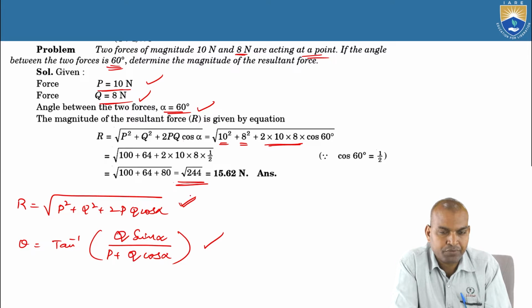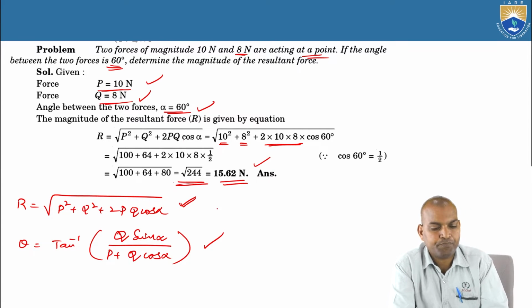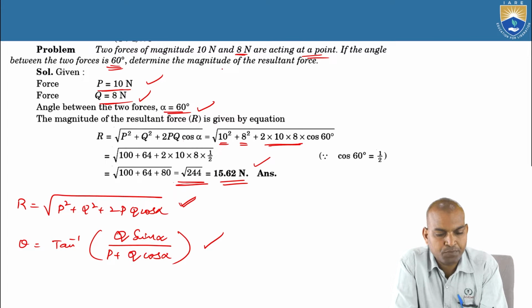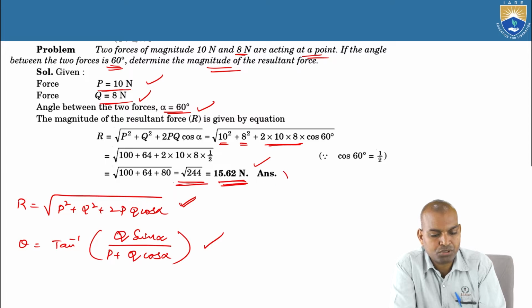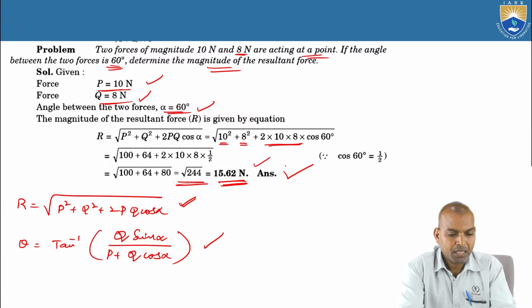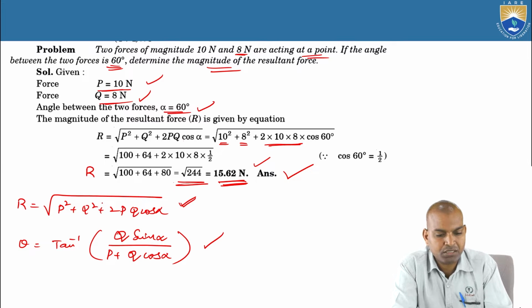That is the square root of 244. The value obtained is 15.62 newtons. That is the answer. The objective here was the magnitude of the resultant force, R equal to 15.62 newtons. That's what we calculated here.